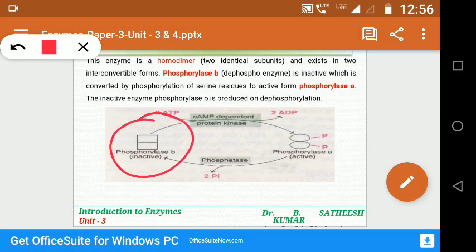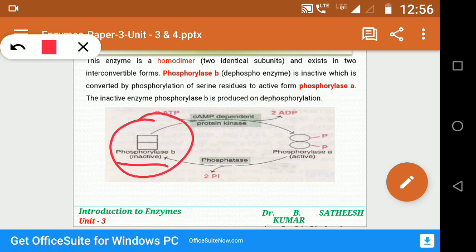We have two identical subunits, so that is why it is a homodimer. These two identical subunits will be in form B, that is the inactive form. By the time they are synthesized, they will be in inactive form, that is in B form.